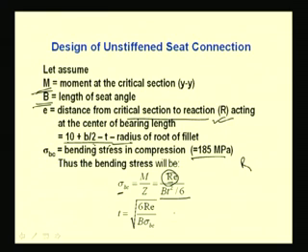So the bending stress can be calculated from this formula, and through this I can find out T as the square root of 6 Re by B into sigma BC. In this way we can find out the thickness.